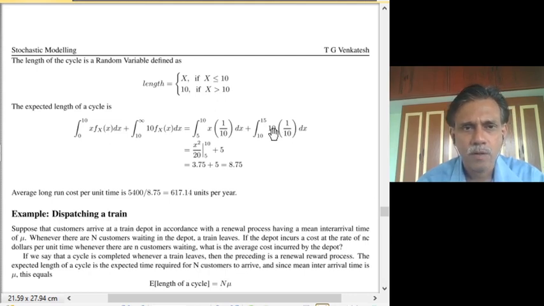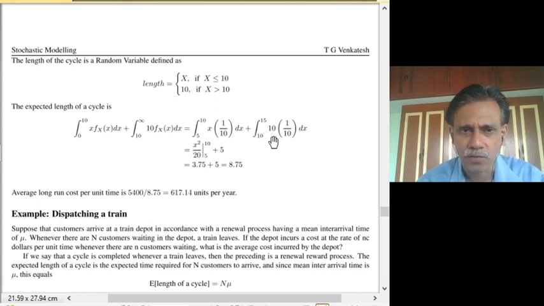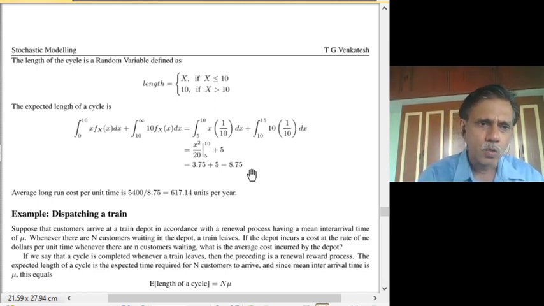Here it is 1 over 10 into x squared by 2, substitute 10 squared minus 5 squared and so on, and you will get this value. Here again it is just 1 into 15 minus 10, which is 5. So you get it as 8.75. So the expected long run cost is 5400 divided by 8.75, which is 617 units per year.